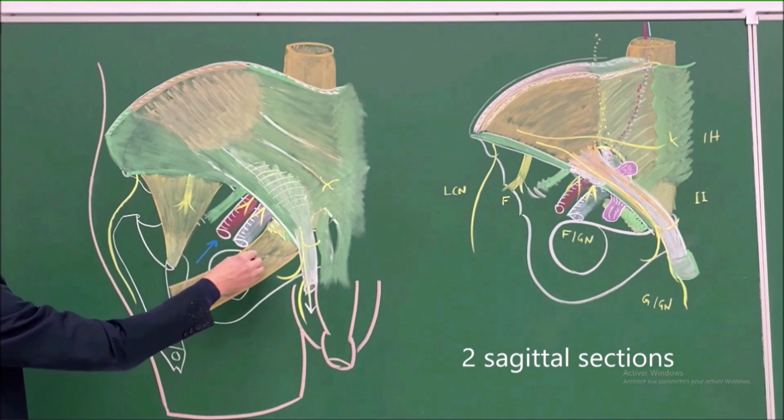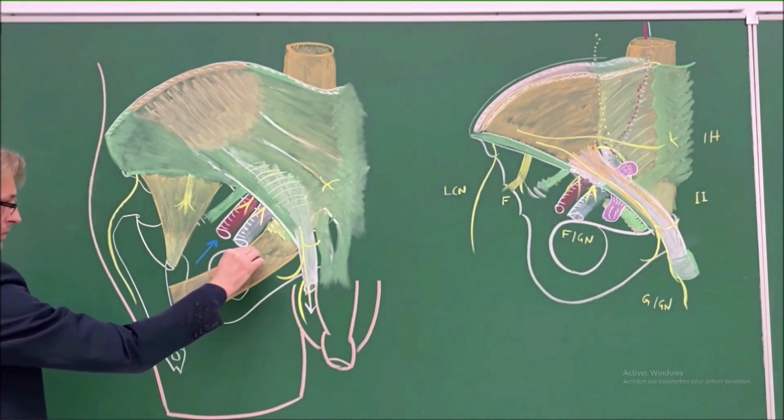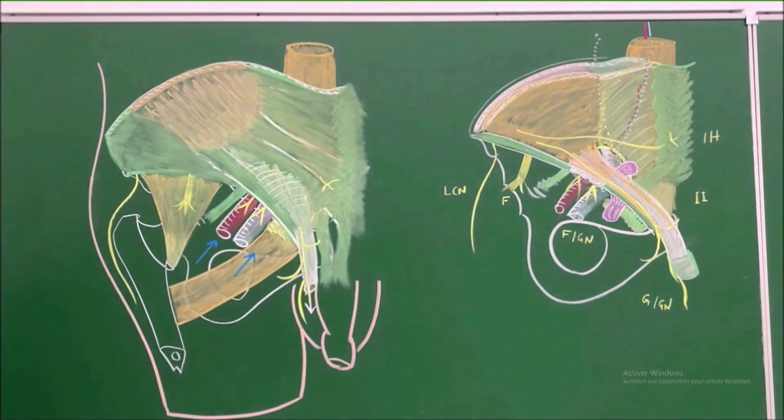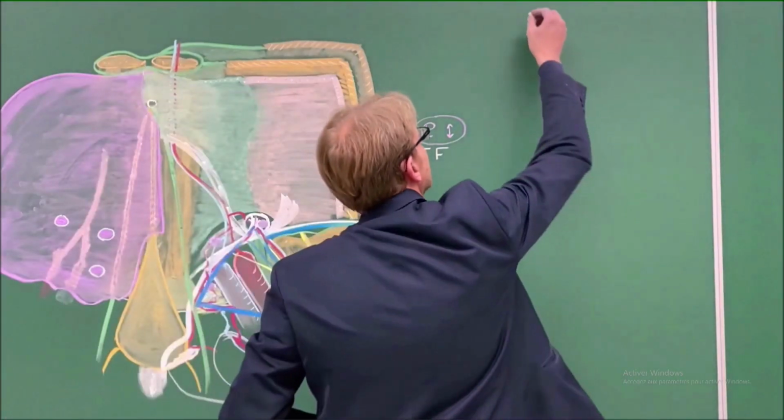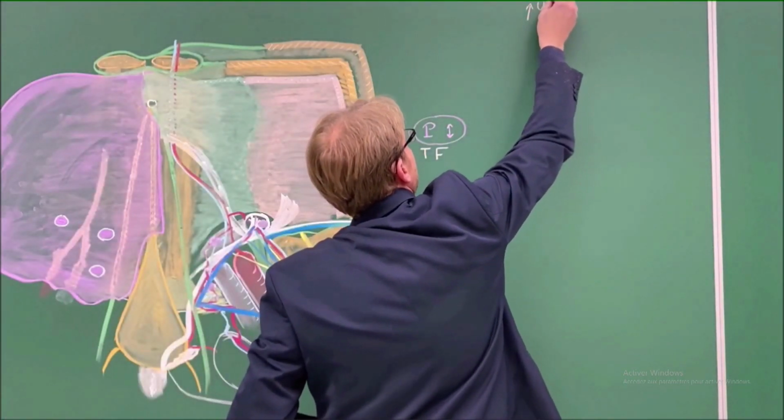We will conclude this drawing with two sagittal sections. One first sagittal section through the artery and one second through the Cooper ligament.